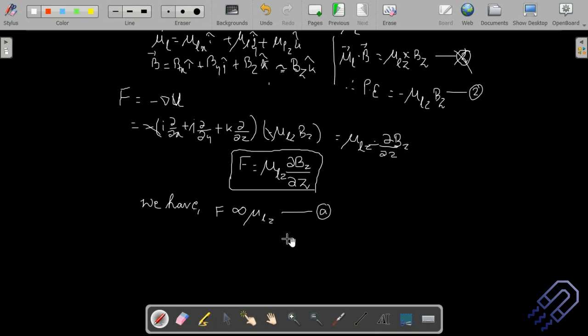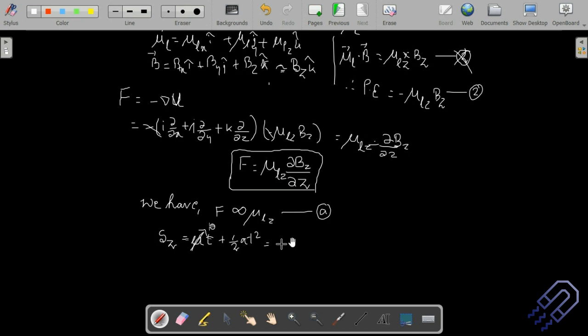Now, if you want to know how much is the deflection, we can simply use the formula s is equal to ut plus half at square, simple kinematics. So sz is equal to ut plus half at square. u is the initial velocity, not the potential, right? But initial velocity is 0. Let's say it starts from rest, so it is 0.